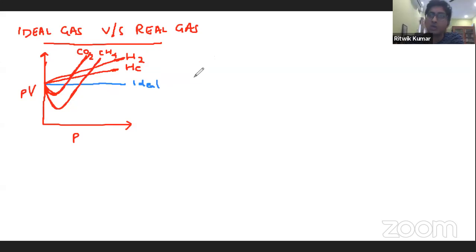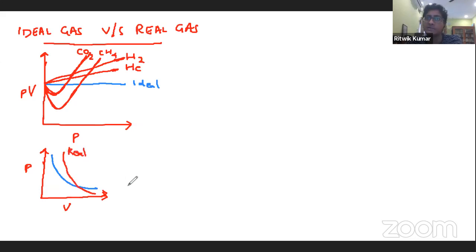So if we look at the way in which their volumes behave with change in pressure, for example, if we take the PV graph of the ideal gas, let's say it behaves this way. The real gas will, so the red line is the real gas, blue line is the ideal gas.